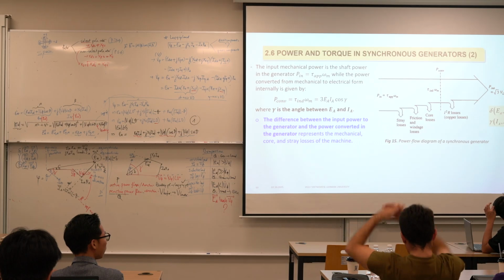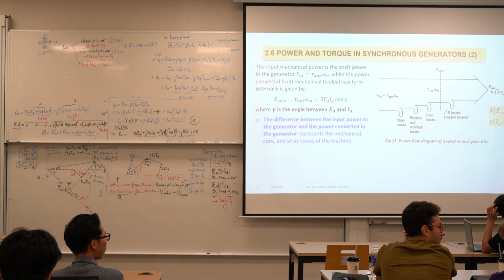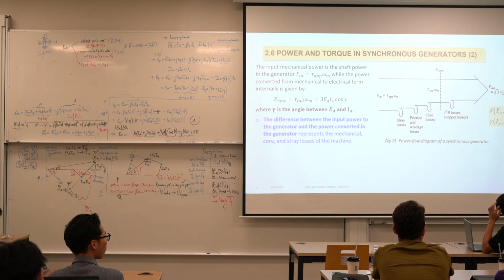So this is the stator, this is the rotor. Remember between rotor and stator we have the air gap. So the power from the rotor to the stator, we call P convert.